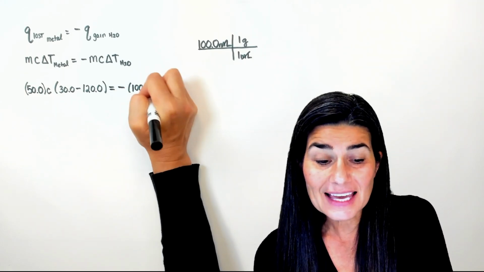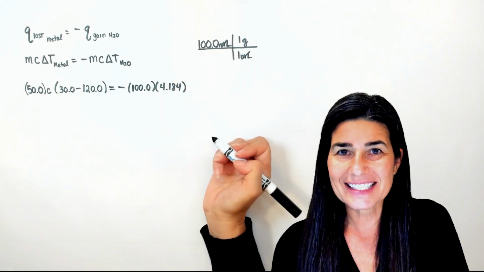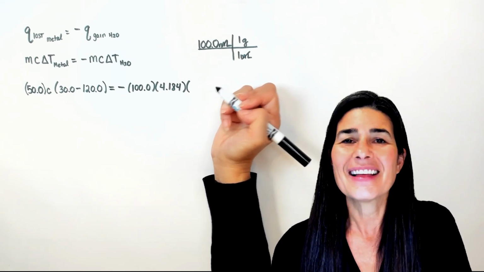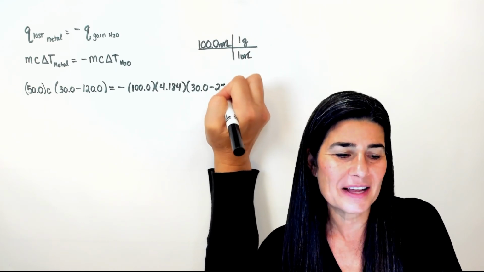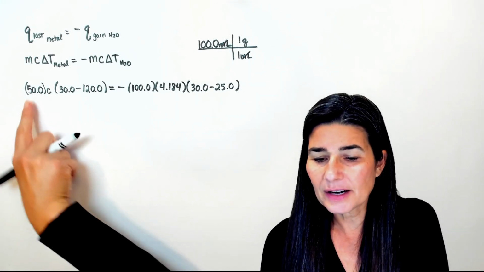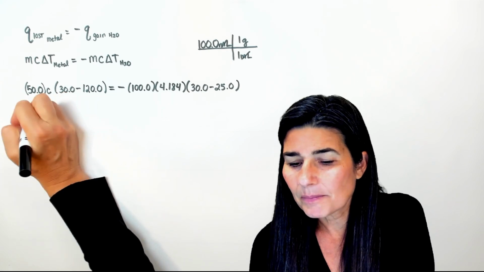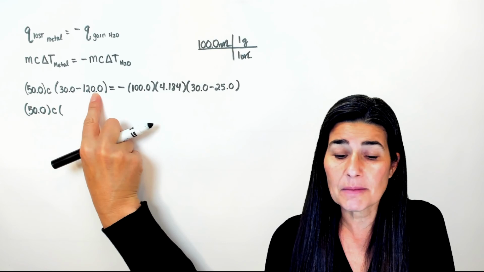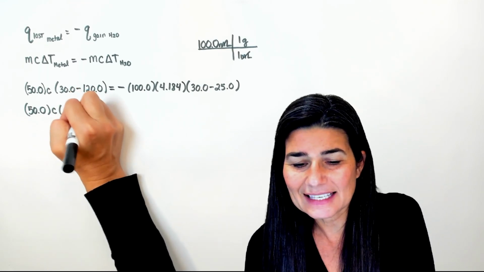The specific heat of water, well, that's our 4.184 joules per gram degree C, and temperature change of the water, final minus initial. The final is 30.0 minus the initial temperature, 25.0 degrees Celsius. Okay, so what we have right now is 50, our mass, times our variable, the specific heat capacity, times the temperature change of the metal, 30 minus 120, that's negative 90 degrees Celsius.